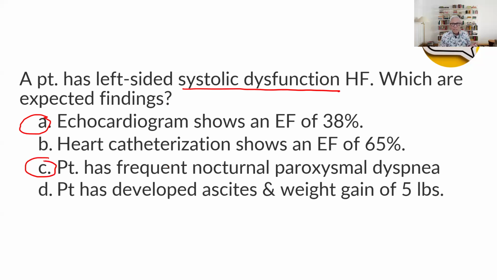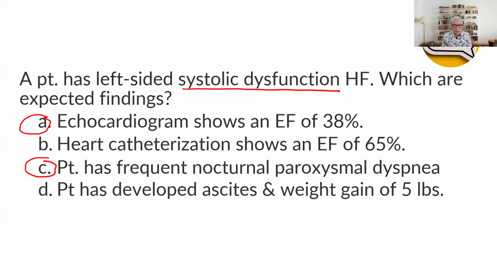Now, letter B is a finding that would be expected in left-sided diastolic dysfunction, not systolic dysfunction, because the issue is with the ability of the ventricle to fill properly. Therefore, a patient usually has a normal ejection fraction in a diastolic dysfunction.